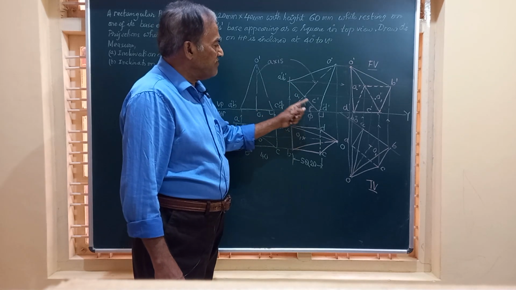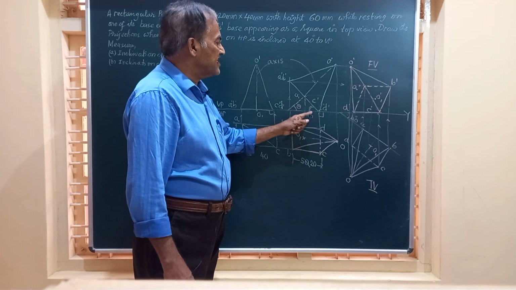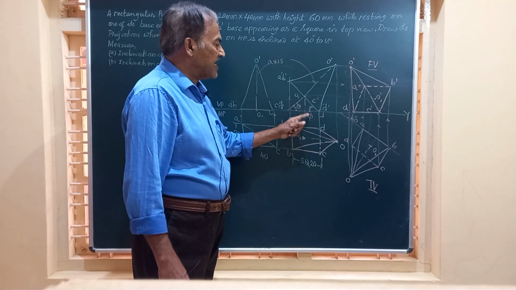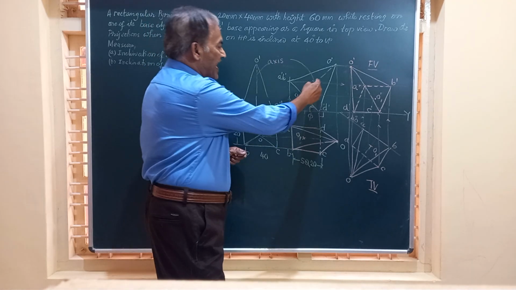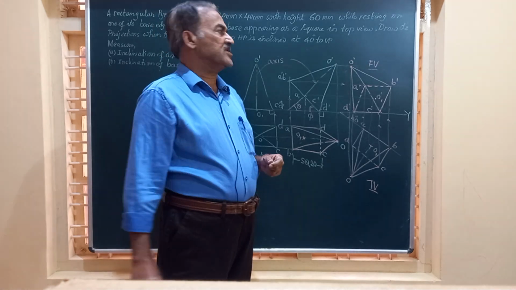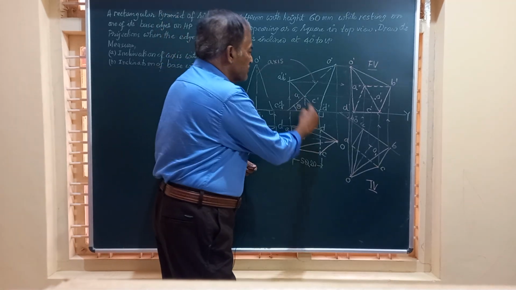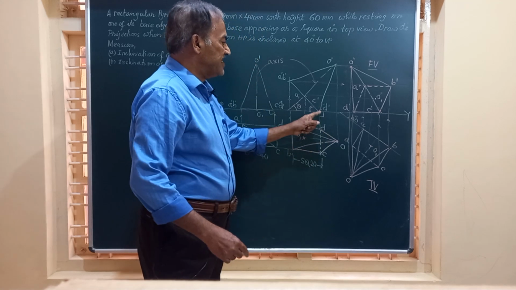Again, what is the angle made by this line? This line is the base of the pyramid, and that is angle phi. And if you add this theta and phi, the total should be 90, because the axis and the base are at 90 degrees.